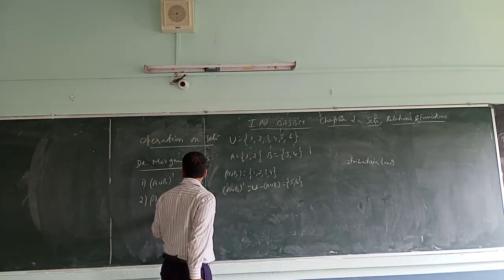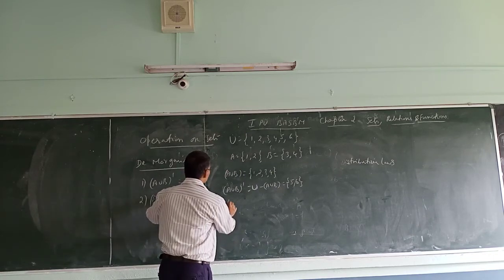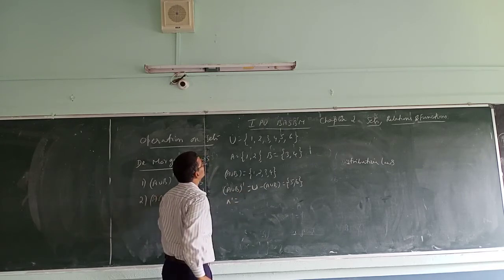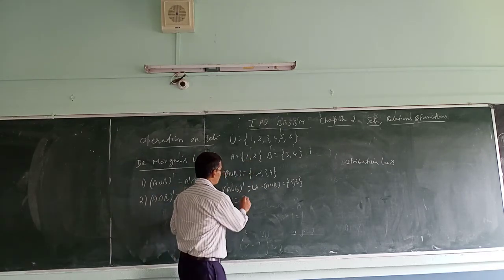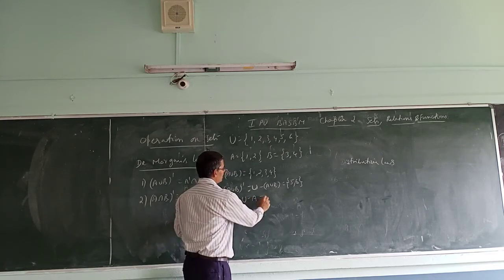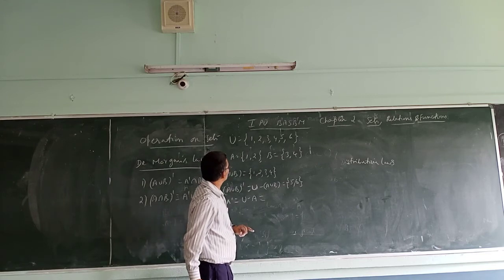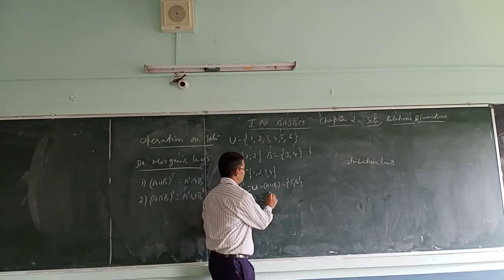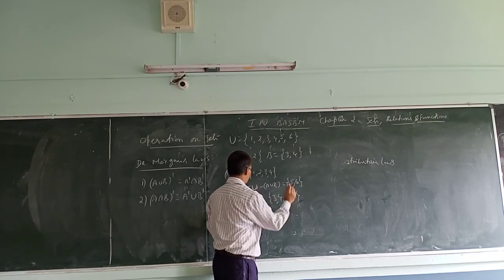Other one we will calculate now. What is A dash intersection B dash? So what is A dash? A dash equals U minus A, where A is {1, 2}. Remove 1, 2, so remaining is {3, 4, 5, 6}.